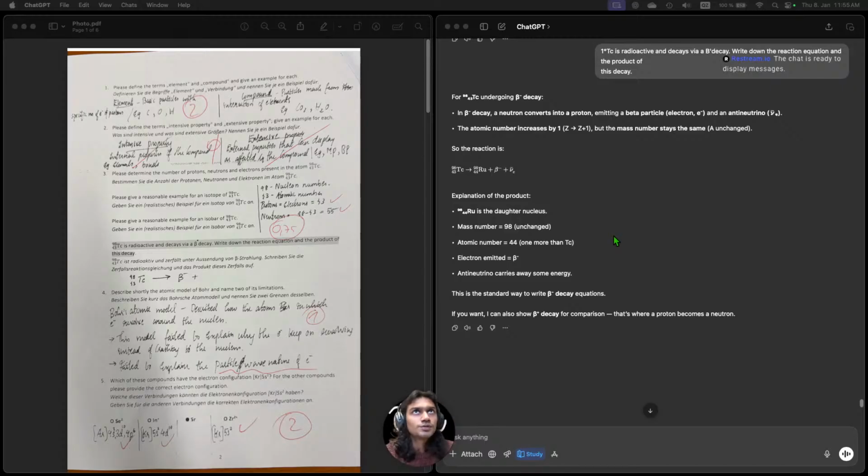Neutron to proton, okay. The atomic number, the number of protons, increases by 1, but the mass number stays the same.